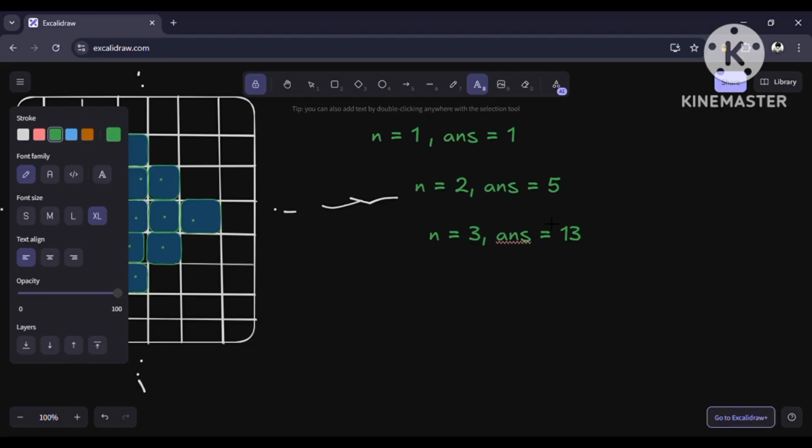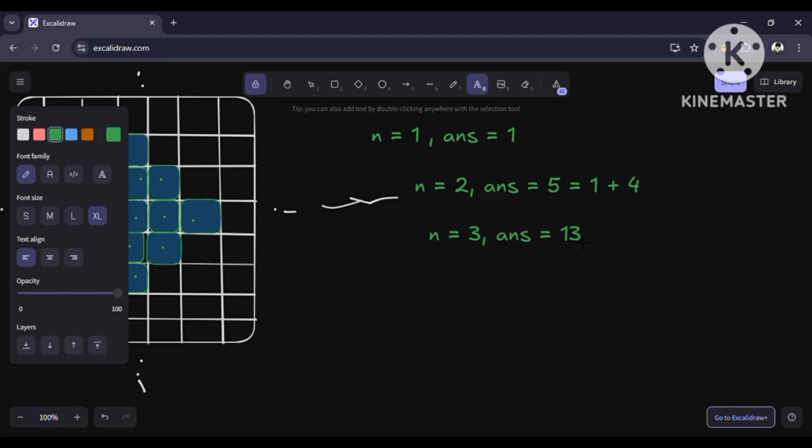So you can see a pattern here. If I write this as this, the 5 can be written like this: 1 plus 4, right?